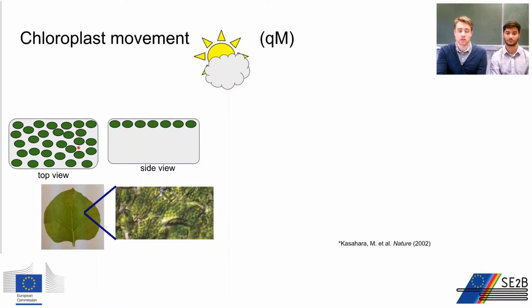Now we can also see that in the leaf, and when we look at this leaf under the microscope, we see that all the chloroplasts are in a way to increase the surface area. What we see is that actually all the light that is received by these chloroplasts is also taken up.